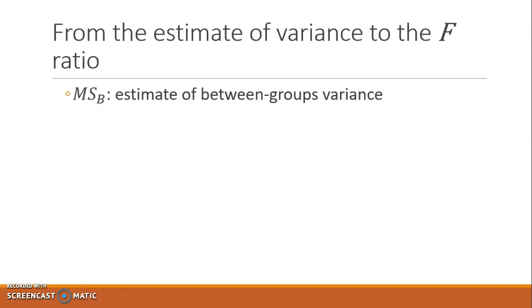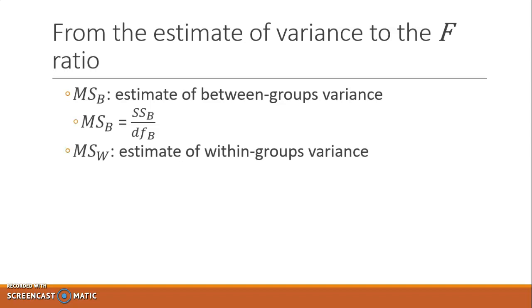Well, first we have mean squares. Mean squares sub B, between, is the estimate of between groups variance. And you find that by taking the sum of squares of B divided by the degrees of freedom of B, for between. Sum of squares B divided by degrees of freedom B. The mean squares for W is the estimate of within group variance.